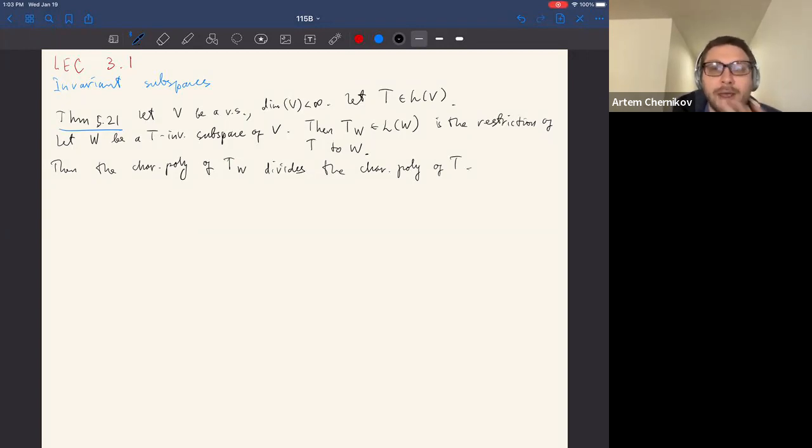And now, in view of this result, the idea is that we may use the characteristic polynomial of T_W, which is typically easier, right? Because the subspace might be small, for example. So you might use the characteristic polynomial of T_W to gain some information about the characteristic polynomial of T itself. Okay.